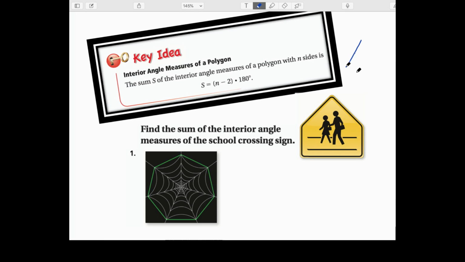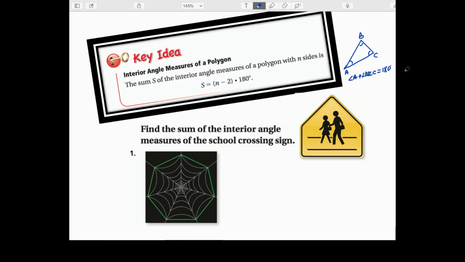We already know from the lessons we've done that if you add all the interior angles of a triangle, angle A, angle B, angle C, angle A plus angle B plus angle C is going to equal 180. That is established, and a triangle is a polygon. But what would other polygons add up to? That's what we're going to be talking about today.